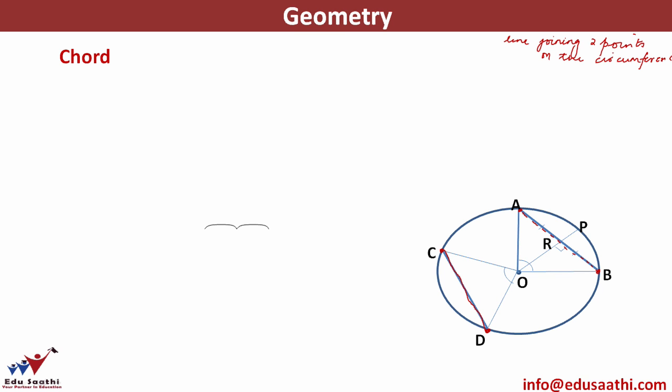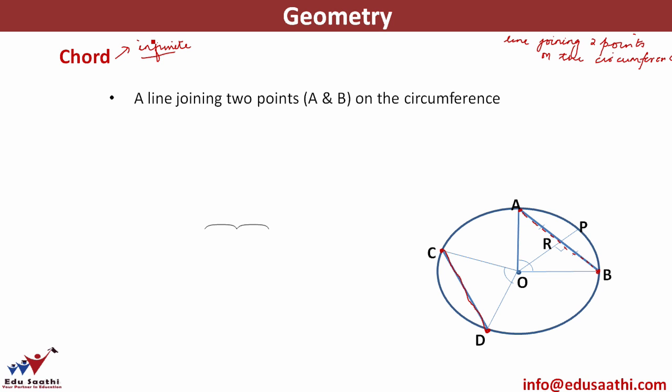Since there are an infinite number of points on the circumference of the circle, there are infinite chords for a circle. The number of chords would be countless. So any 2 points A and B on the circle, the line joining them is known as a chord.